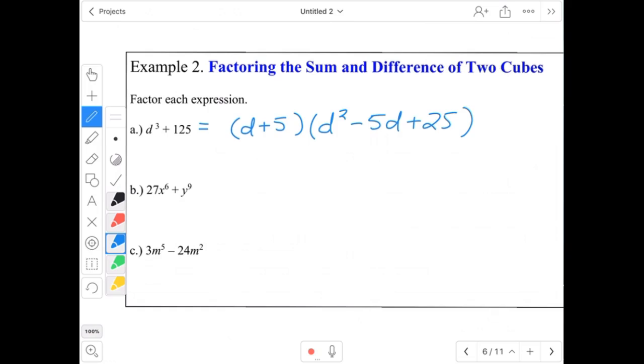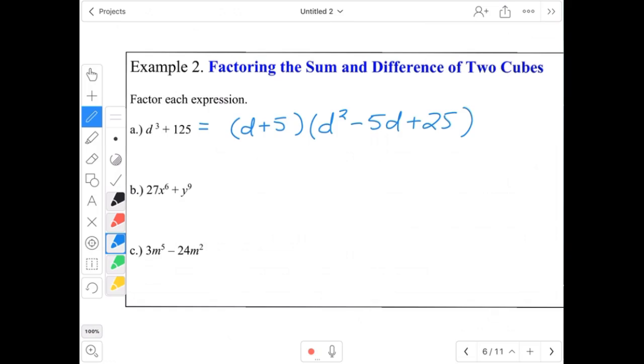Now the second one, you notice we have that 27x to the 6th power and then a y to the 9th. So we're kind of breaking that down. So that 27, again, I can still tell that this is a sum of cubes. So I know the cubed root of 27 would be 3.